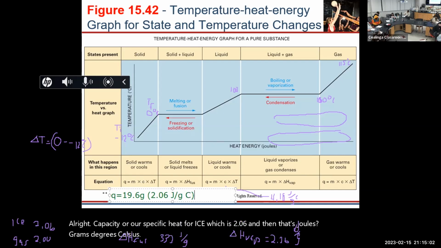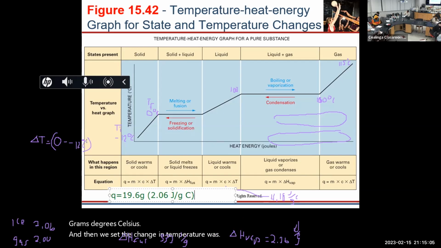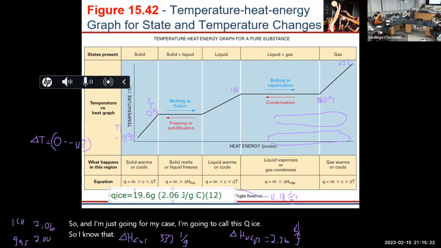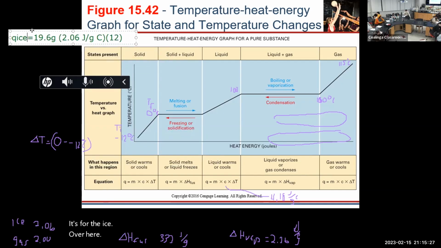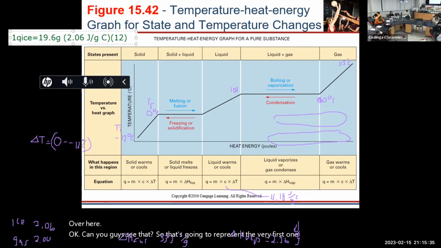And then we said the change in temperature was going to be 12, so times 12. I'm going to call this Q ice so I know that it's for the ice. Okay, can you guys see that? So that's going to represent the very first stage right here.